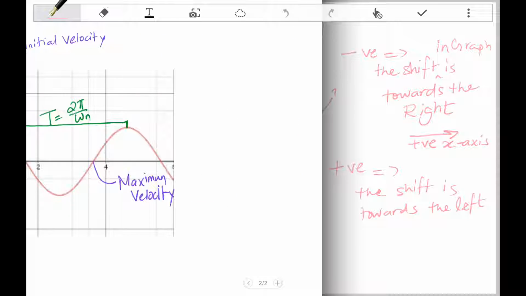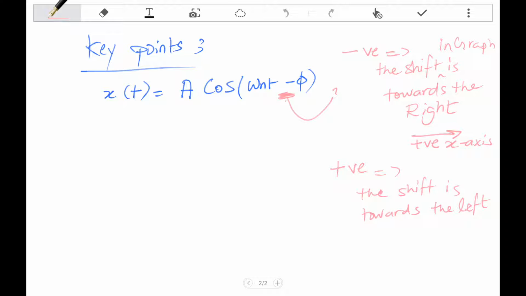Okay, so let's move on. Let's say, for example, you're asked to find the maximum velocity. If you differentiate the equation, you're definitely going to end up with omega n A sine of omega n t minus phi.